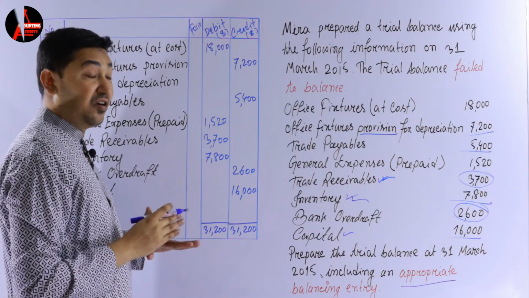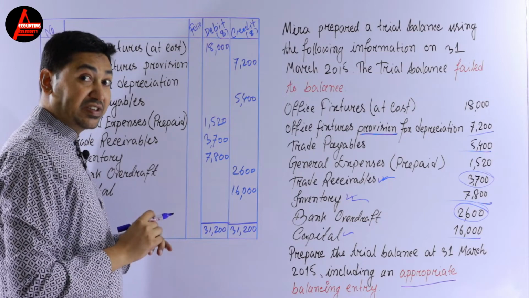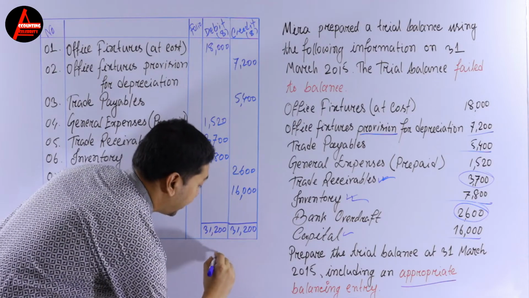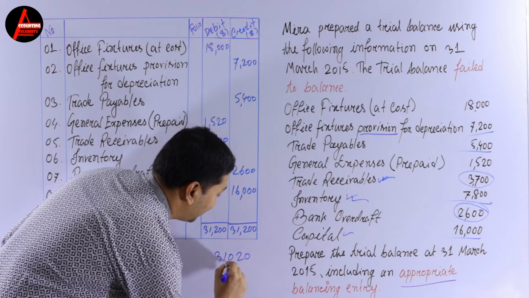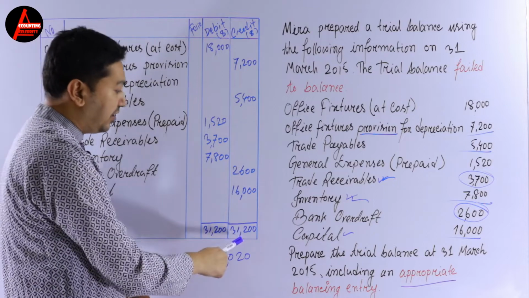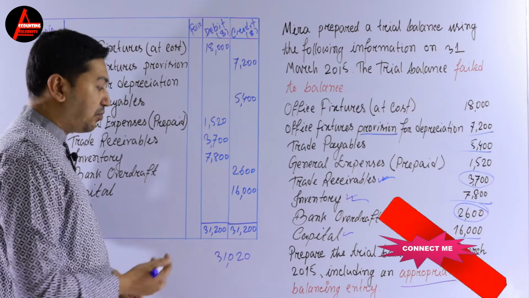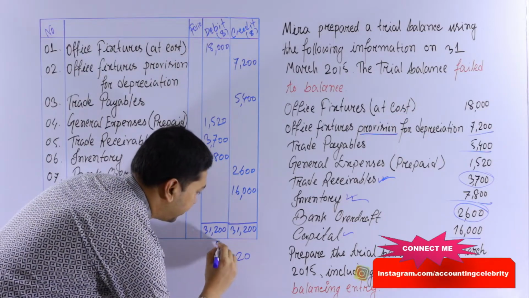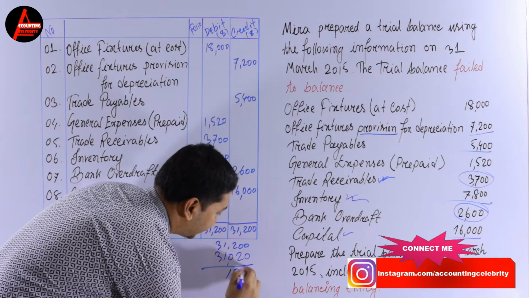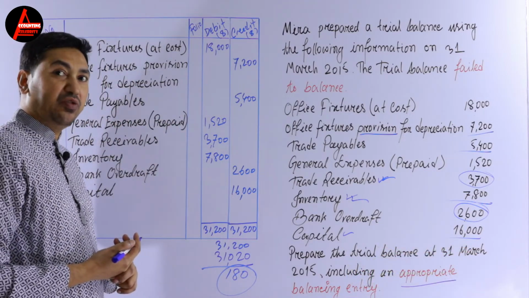So although you wrote all these items correctly, you have no mistake, the amounts here are not matching. Your amount is here 31,020, but here you have 31,200. So what to do now? Check how much difference. If you subtract from 31,200, then what is the difference? Your difference amount is 180.